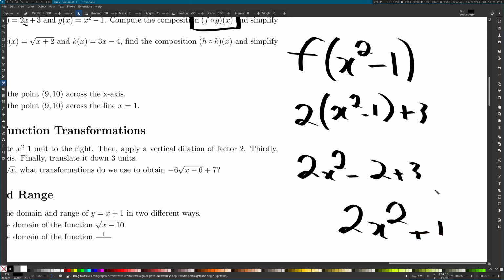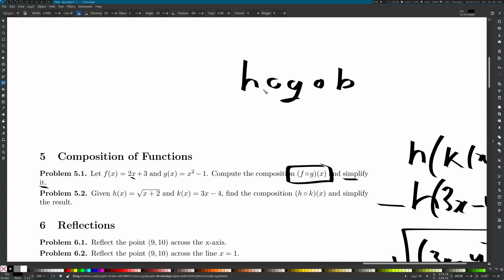And a bonus question: what if there's more than one, like h of g of b? Okay, if it's h of g of b, we do g of b of x first, and we put the result of this into h. We go in order.